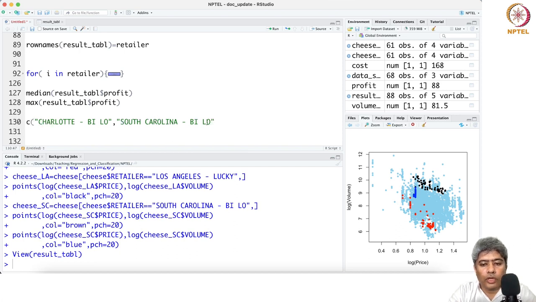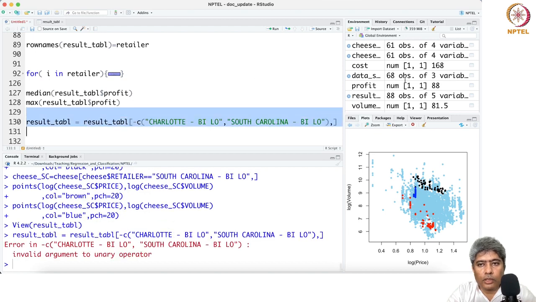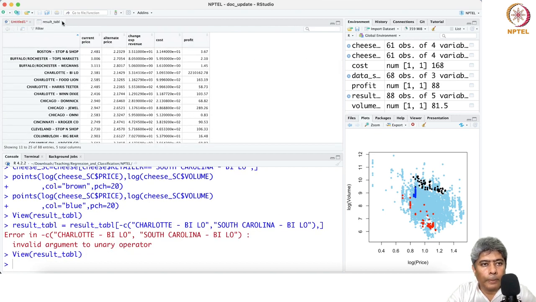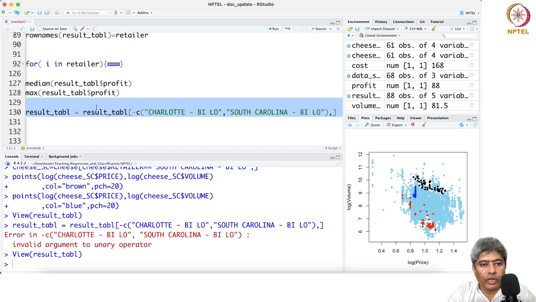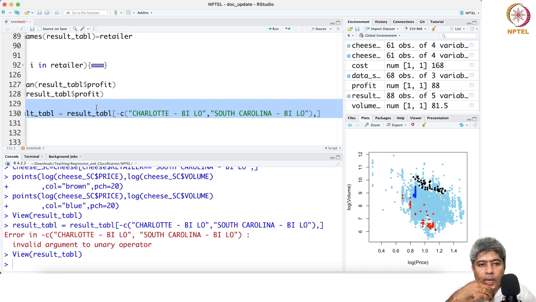So what we are going to do is result table minus these two. Now if I just run this, I'm not sure if we can drop it in this way.